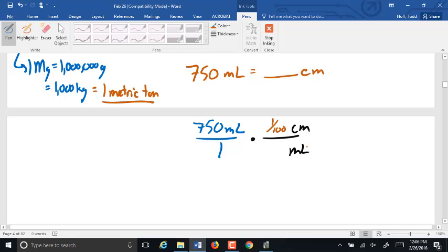A milliliter, centiliter, I screwed that up. Let me try that again. This should be 750 millimeters going into centimeters. Can't cross units here. So our 750 millimeters over 1. We got millimeters on bottom, so they'll cancel out going into centimeters.